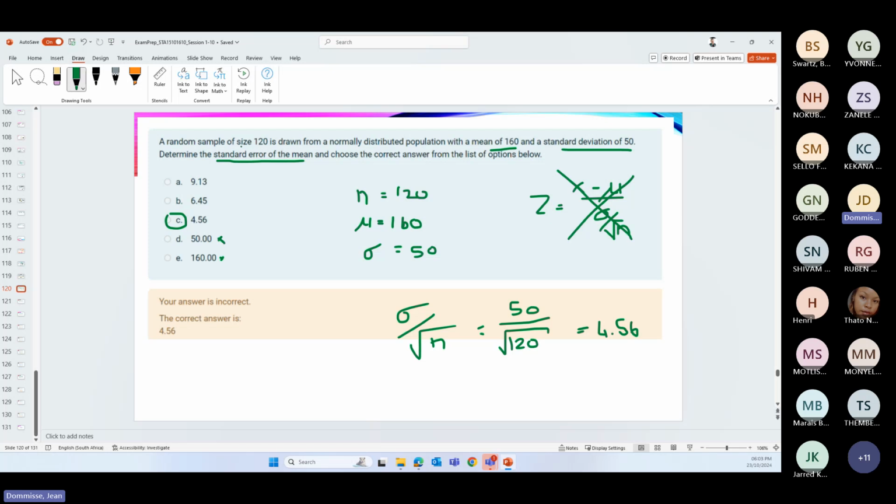So one of those 3, they will ask you a standard error. They're not going to do it for all 3 of them, but for one of them, they will ask you to work out the standard error.